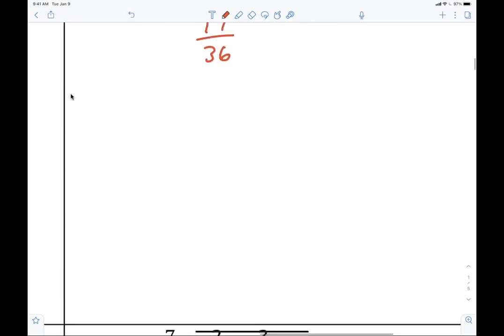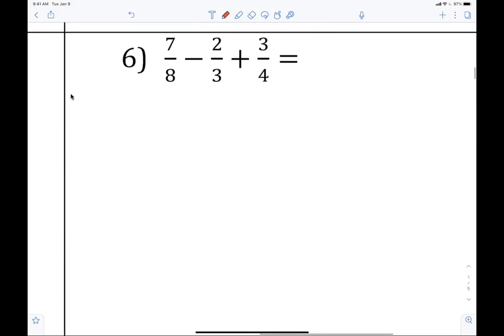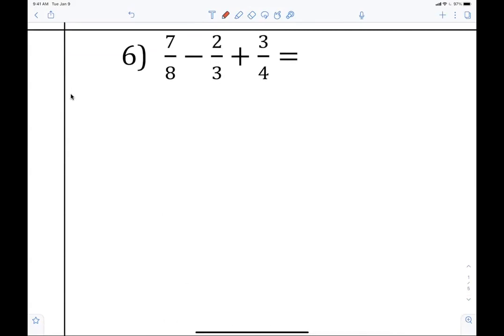All right, Miss London, you're up. You have to tell me the common denominator for 8, 3, and 4. What are you thinking? 24. You're awesome, girl. So now tell me about 24. So 8 times 3 and 7 times 3. Good.